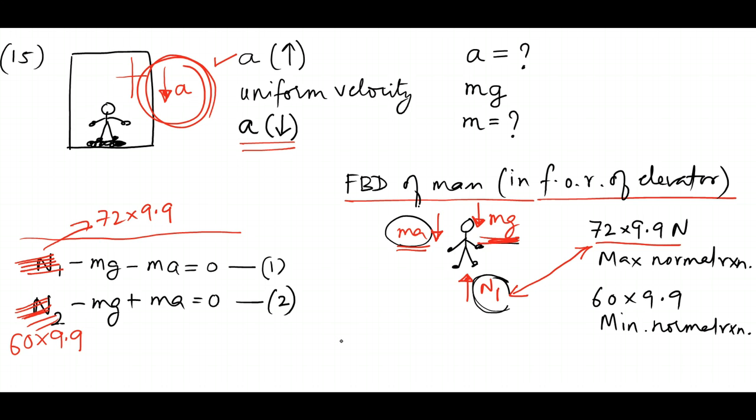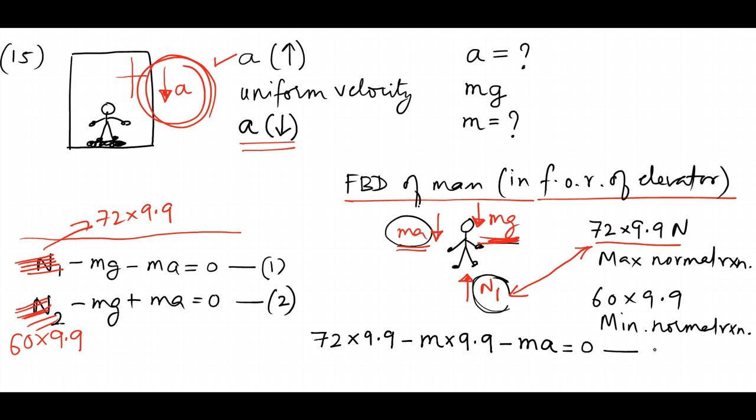So let me write these two equations, one below the other, in their final forms. Equation number 1 is 72 into 9.9 minus the mass of the man, which is unknown, m, multiplied by g, to be taken as 9.9 meters per second square, minus m times a, that's equal to 0.